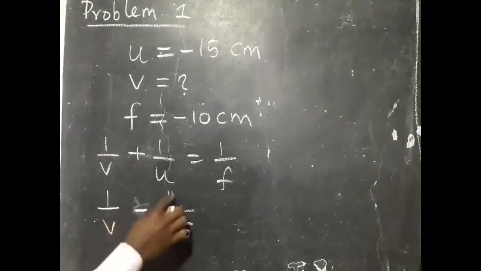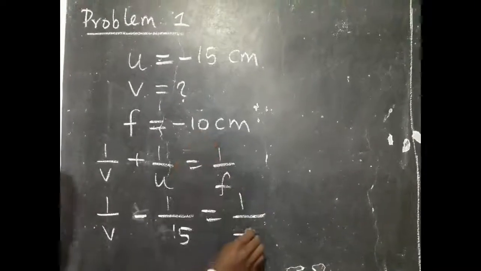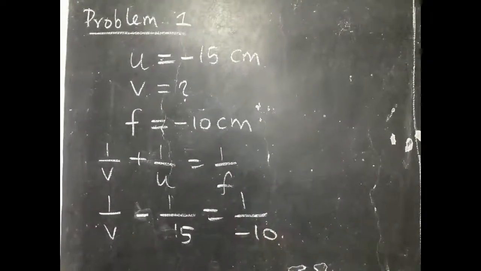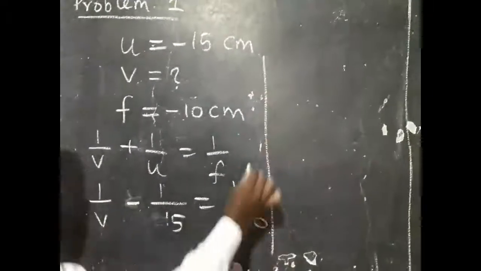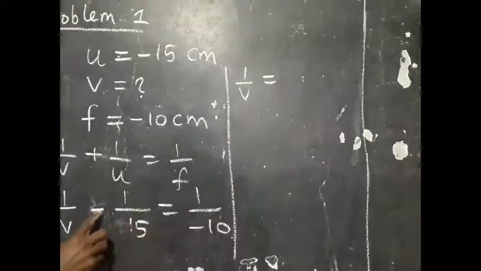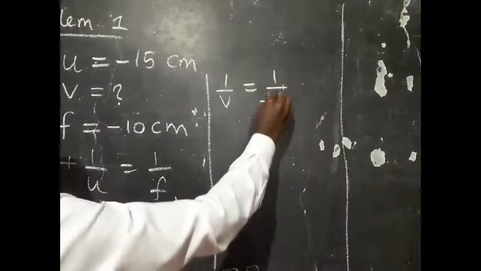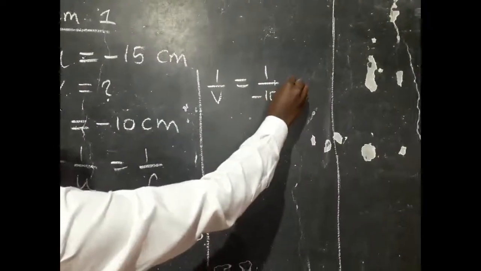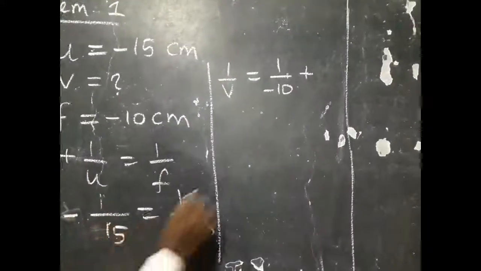So 1 by v minus 1 by 15 equals the focal length term, minus 1 by 10. We can change sides and write 1 by v is equal to minus 1 by 10 plus 1 by 15.